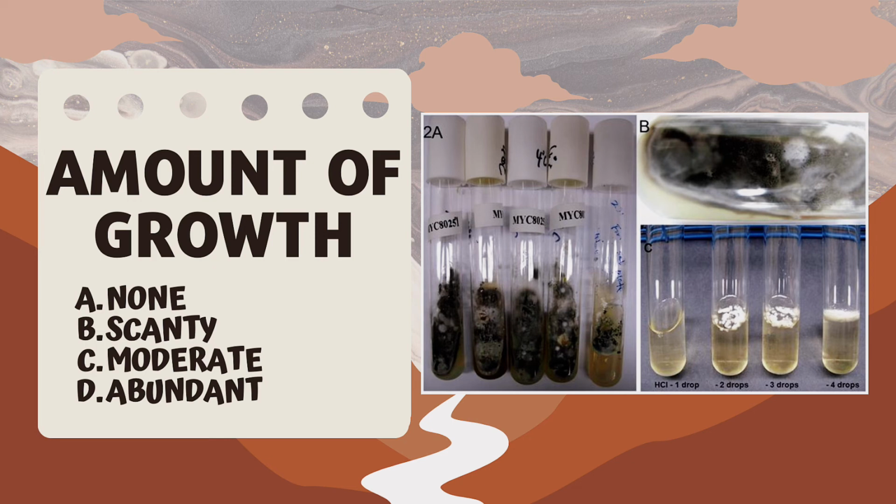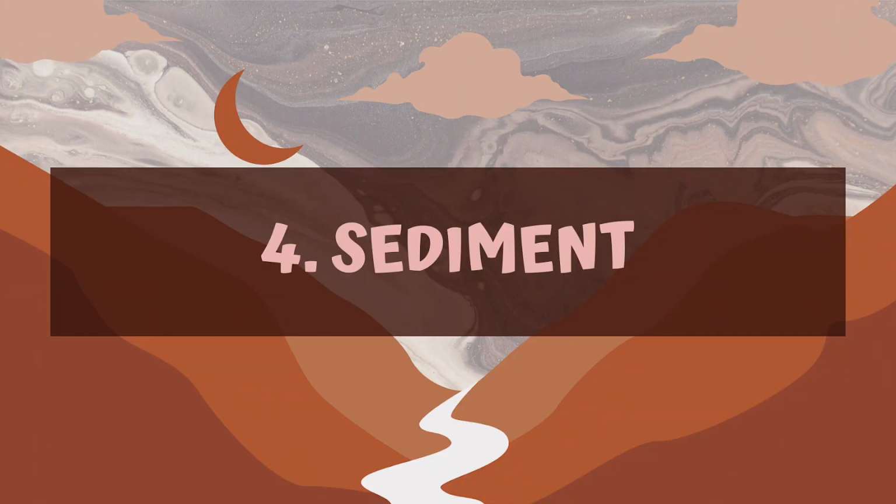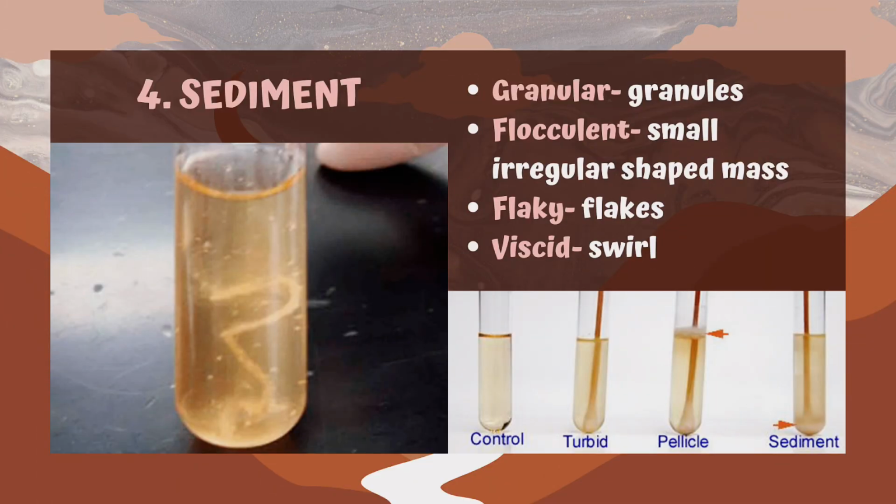Next, we have sediments. We have granular, with small granules; flocculent, with small irregularly shaped masses; flaky, with flakes; and last, viscid, with coherent or uniform swirl.